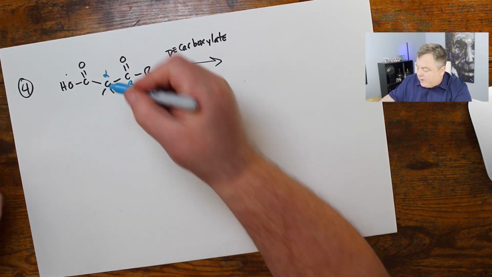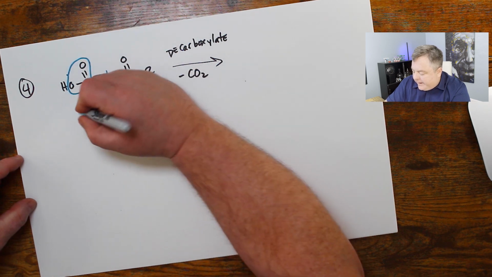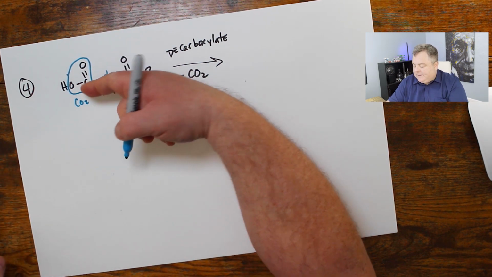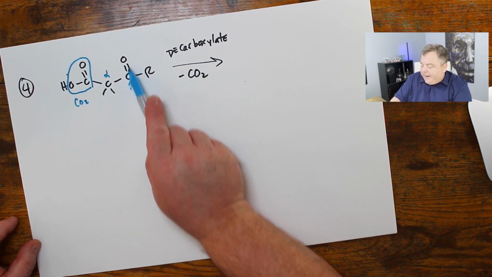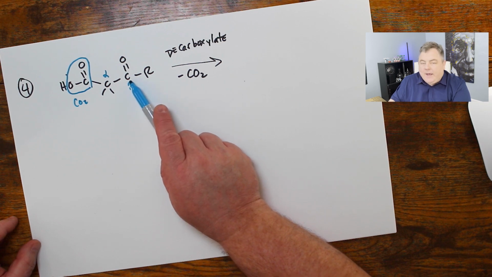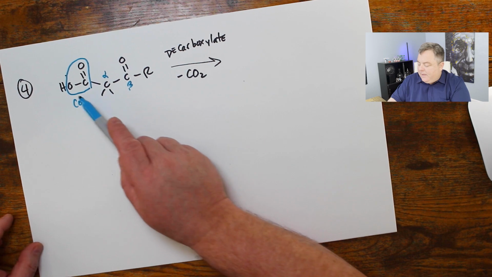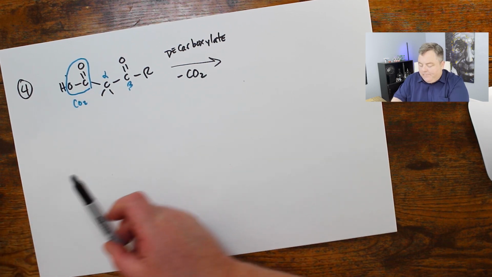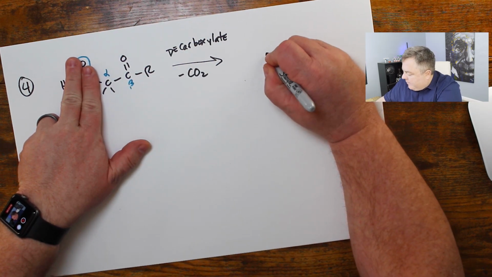Let me show you where the carbon dioxide is hidden. It's right here. There's a CO2, carbon dioxide. So, if a carboxylic acid is alpha beta to a carbonyl, it doesn't matter if it's a ketone, an aldehyde, a carboxylic acid, any carbonyl on the beta spot, you lose the carbon dioxide. We're just going to cover up the CO2 and draw what we get, what we make.